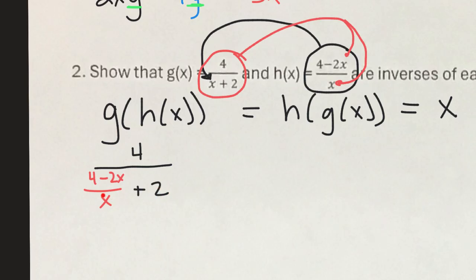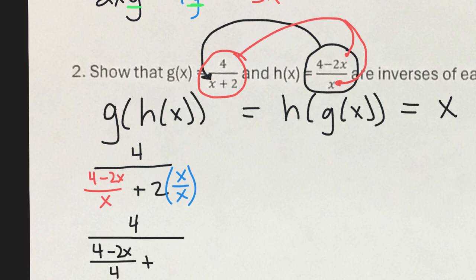So if my denominator is x, that means I have to multiply both sides by x over x, because I need to have a denominator of x. Okay, so here's my 4 minus 2x over 4 plus, this is now 2x over x. Sorry, this is supposed to be an x down here.